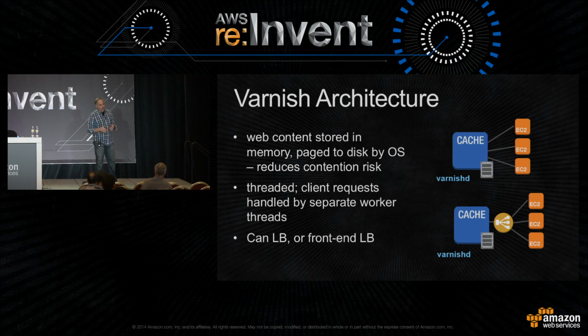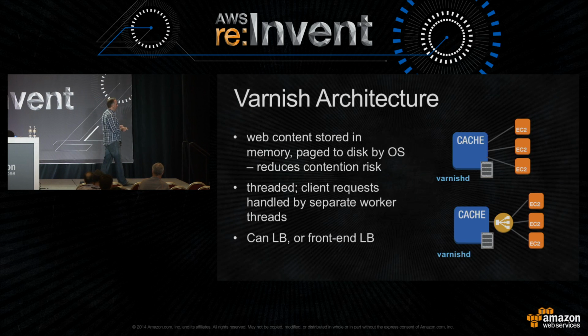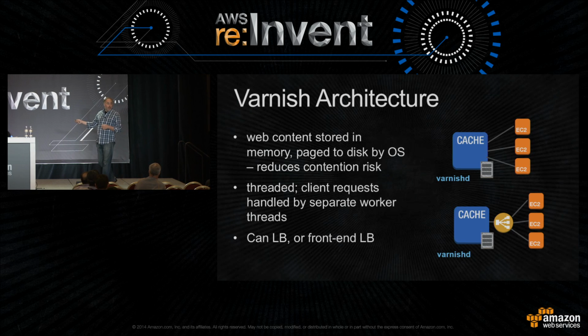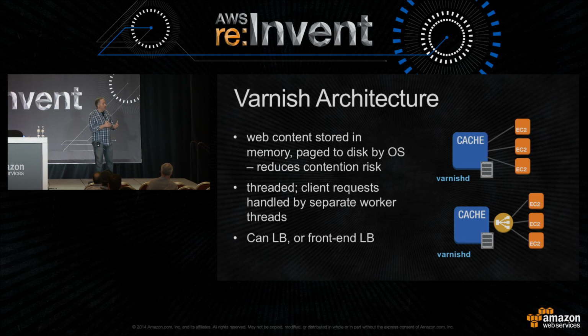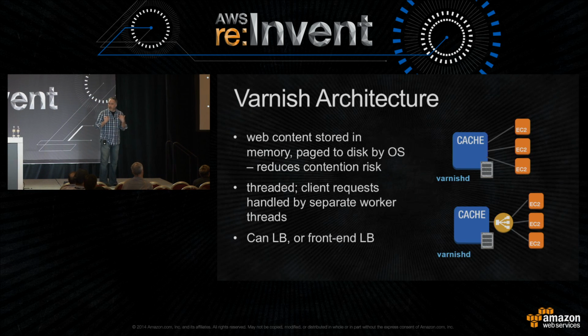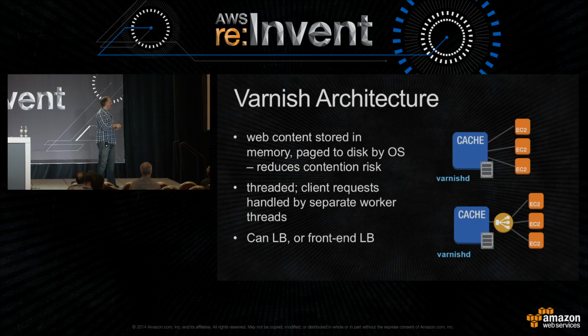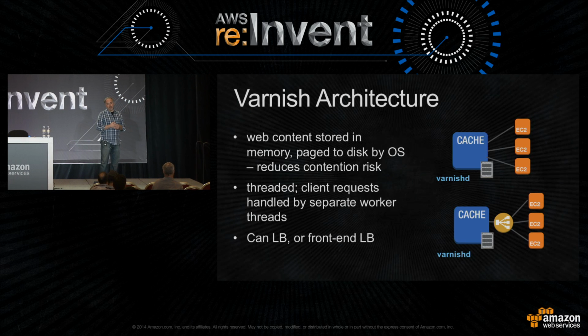It looks like a VIP. It looks like a front-end URL to you. Let the load balancer do the work for you. And again, why? Because ELB plays really well with auto-scaling natively. It handles it all. So from where we stand at Amazon Web Services, we would recommend to you and our customers outside of this room: web caches, be it Varnish or anything else, look at using an ELB as your backend.